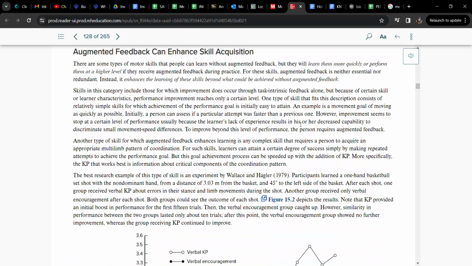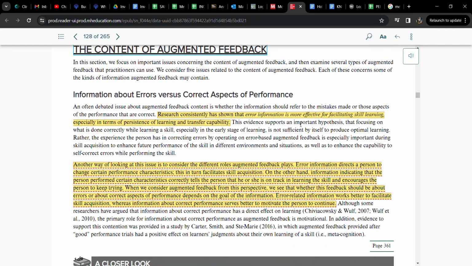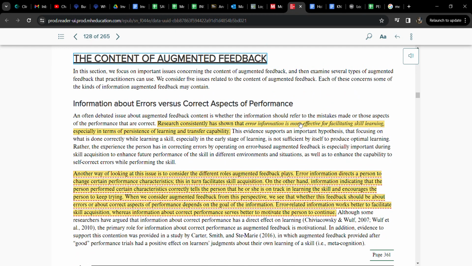So if we move forward here, we're going to get into the content of augmented feedback. What should be included? And so this is kind of what I just talked about, the information about errors versus information about correct aspects of performance. So the research consistently shows that feedback is more effective when you provide information about the error that they make.